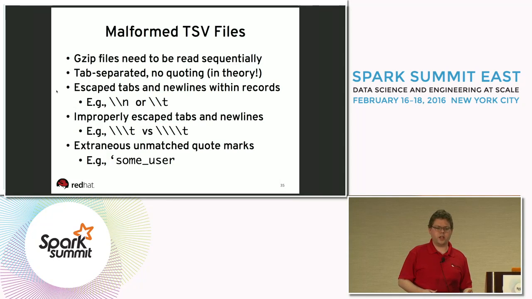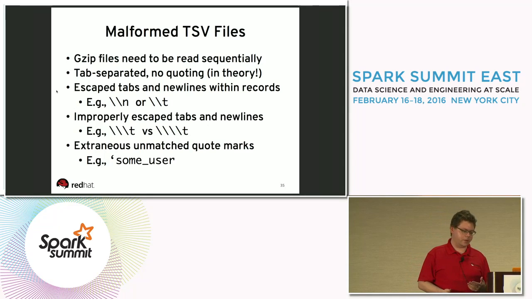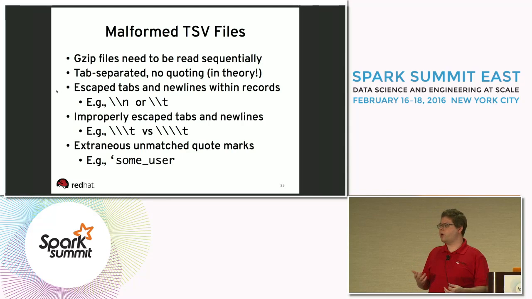That means all new line characters and all tabs need to be escaped. Unfortunately, our records also contain improperly escaped tabs and new lines, as well as extraneous unmatched quote marks. The Spark CSV package depends on Spark's text file reader, which isn't aware of escaping. When it sees a new line, it assumes that's the end of one record and the beginning of the next.